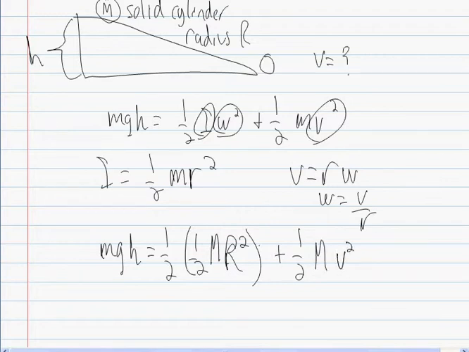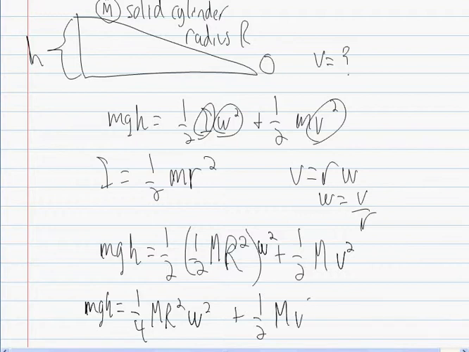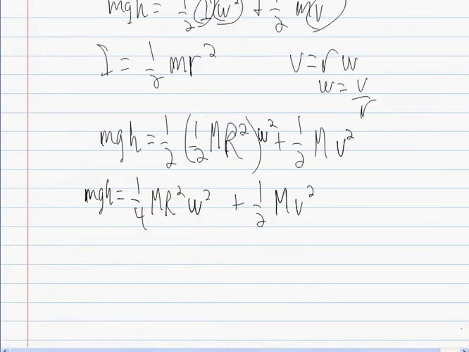Well, let's simplify a little. mgh equals 1/4 mr squared omega squared plus 1/2 mv squared. By the way, we should go back here and fix this capital M. See, I figured out how to erase again. Well, good times. And that means the masses are all going to go away.